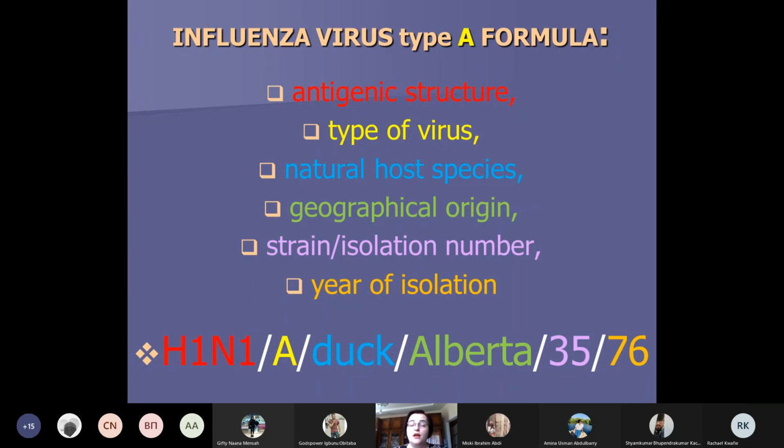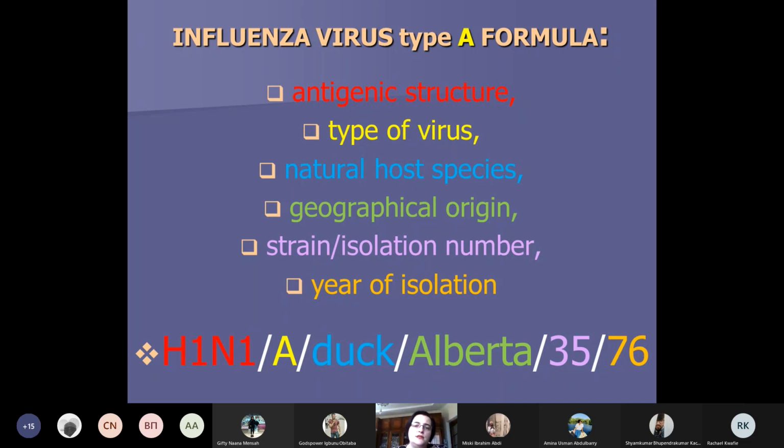Birds are the primary reservoir of influenza A virus, especially aquatic birds such as ducks, geese, shorebirds, and gulls. But the virus also circulates among mammals, including pigs, horses, and marine mammals.